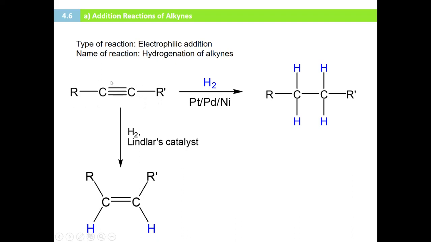So the starting material is an alkyne, and when an alkyne reacts with hydrogen in the presence of platinum or palladium or nickel, this will act as a catalyst. So this triple bond will reduce to a double bond, and if you react with another 1 mole, it will reduce to a single bond.